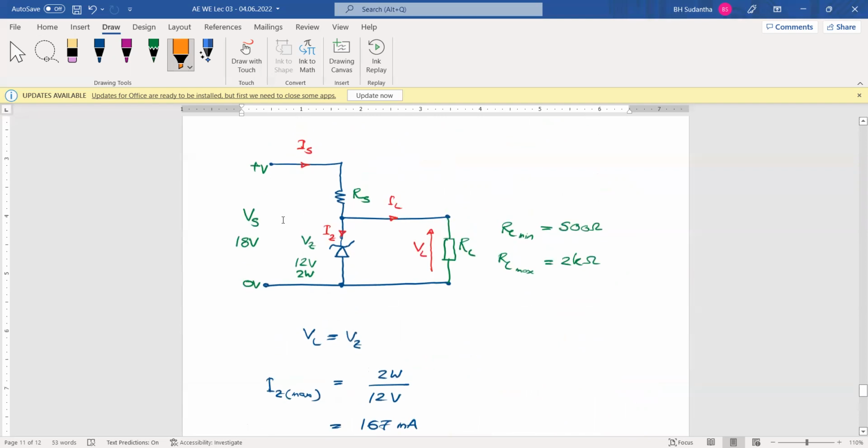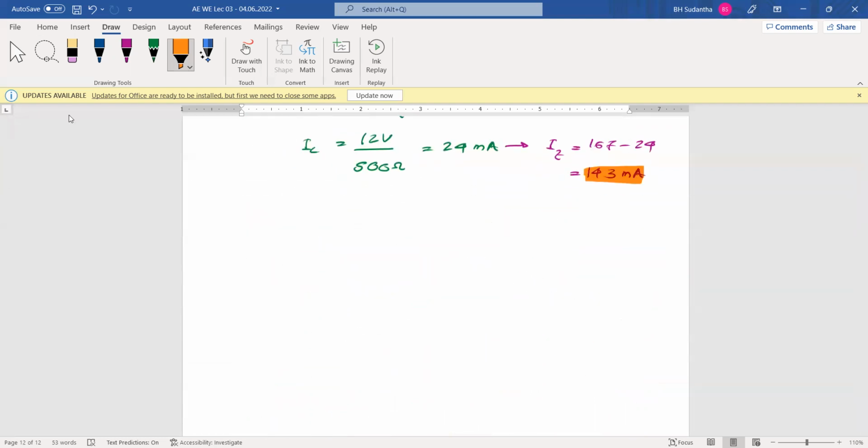Here, to find the RS resistance, what is the voltage across RS? VRS is VS minus VZ. VS is 18 volts, VZ is 12 volts, so it is 6 volts. Based on that, we can find RS.